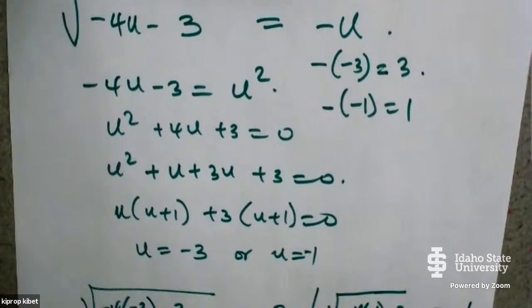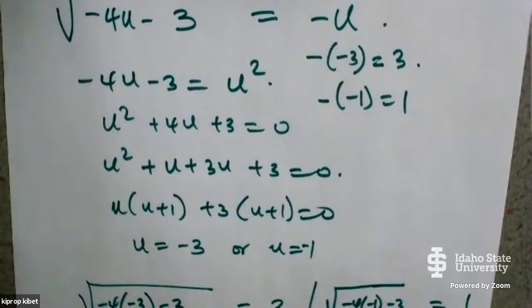This is going to sound really stupid, but you see the part where it's u squared plus u plus 3u plus 3? And the part before that, when we learned how the product is 3 and the sum is 4.